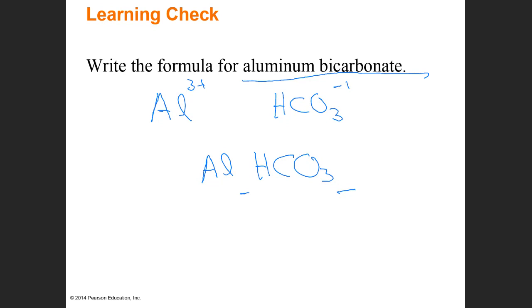What number would be here and here if I do that crisscross? So as I say, the aluminum would have the 1. Right, and it's a 1, so we don't bother to write it. And how about the bicarbonate? 3. 3. And because we're adding a number outside to apply to the group, we need parentheses here.